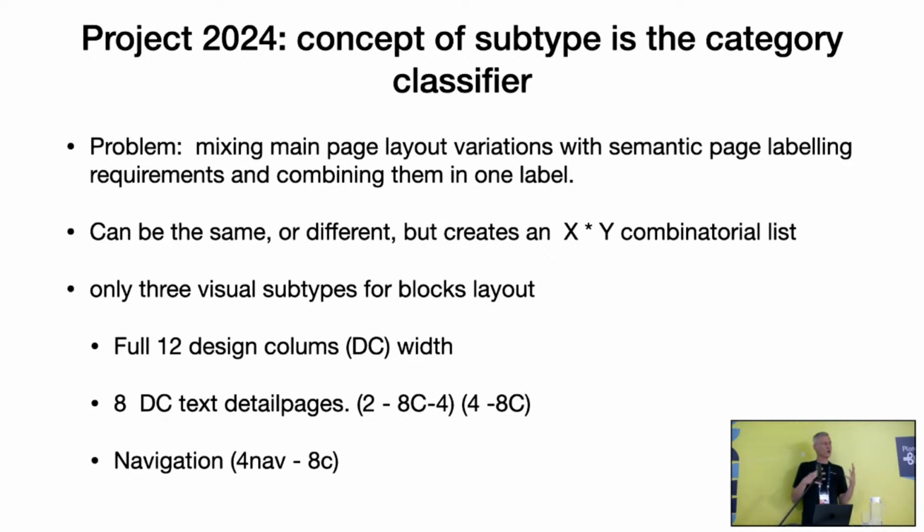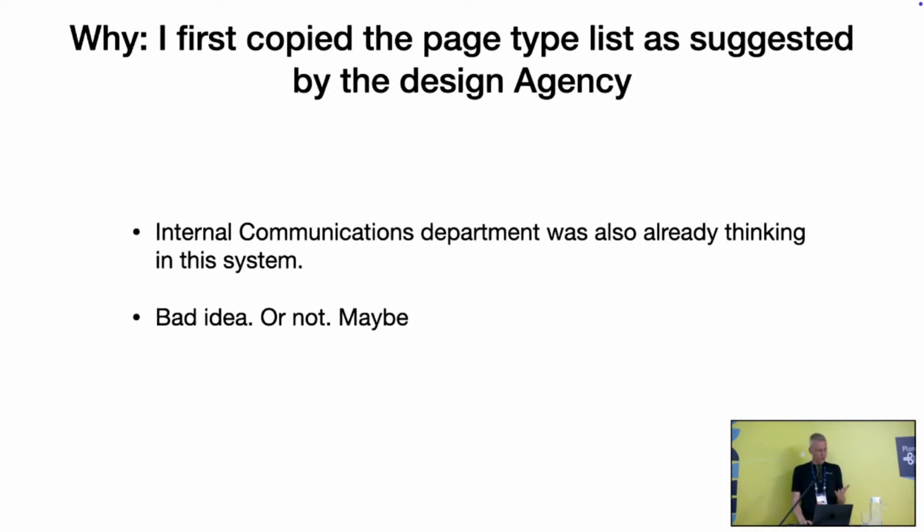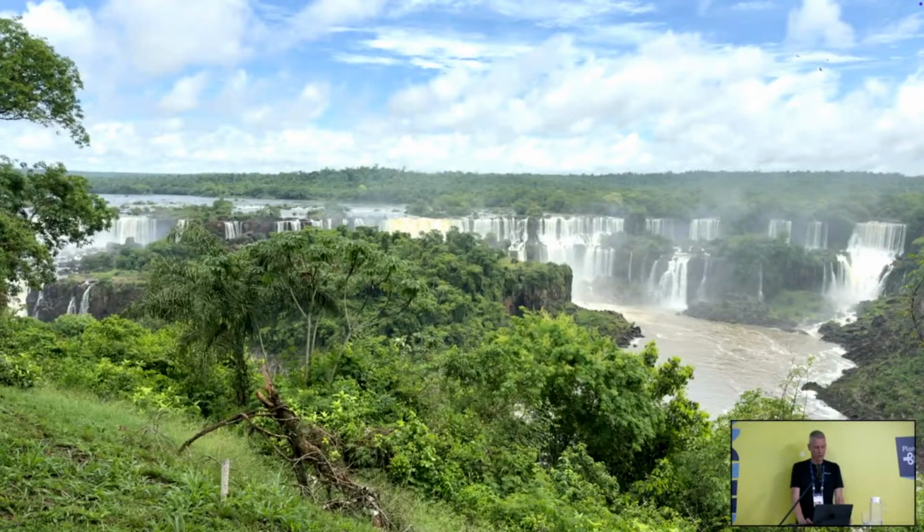But also hooked on those things were like 3 visual subtypes. We had in the whole blocks layout, we had a 12-column width, we had the 8-column width with some navigation, or we had a centered 8-column width for news items. So I copied it first from the agency, and I still don't know if it's a bad idea or not.